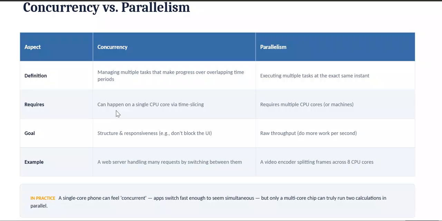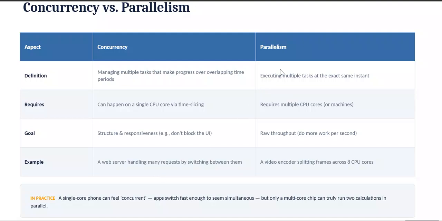It can happen on a single CPU core via time slicing. The goal of concurrency is structure and responsiveness. For example, a web server handling many requests by switching between them.